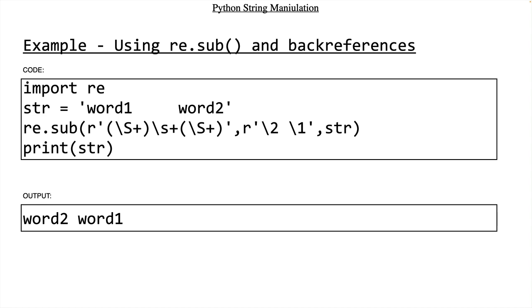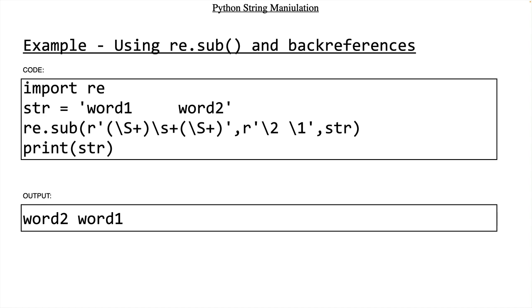Now if we needed to preserve the white space between those 2 words, then we would have had to put a back reference around the \s+ that remembers that white space. And then it would be \3 \2 \1 to replace those, reverse them, preserving the space between the 2 words, again, if that's what we needed to do.